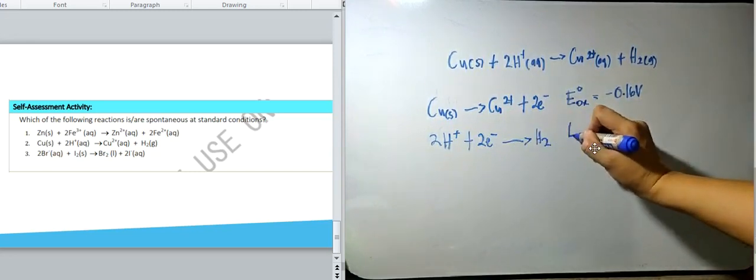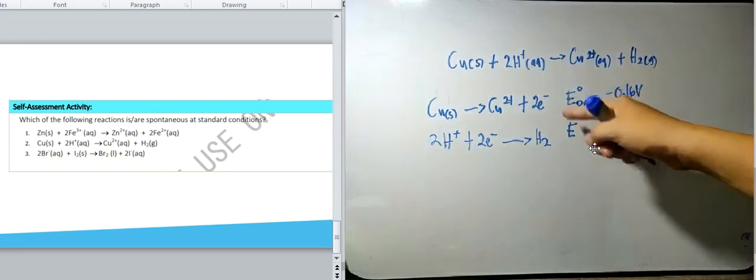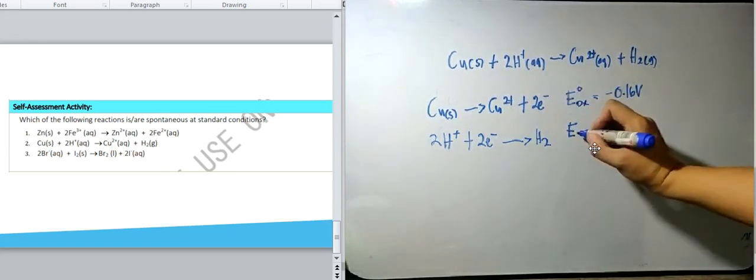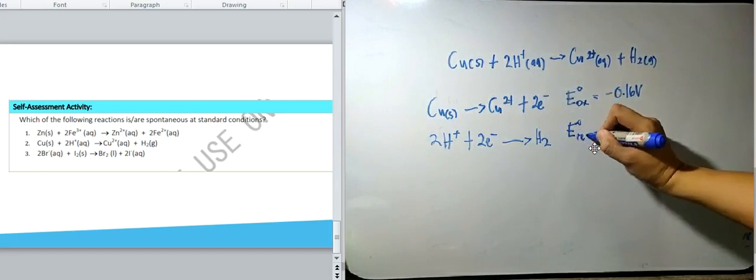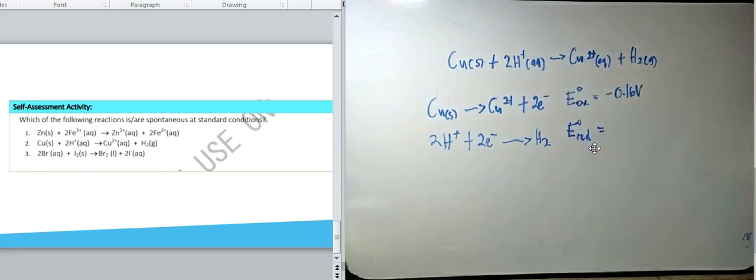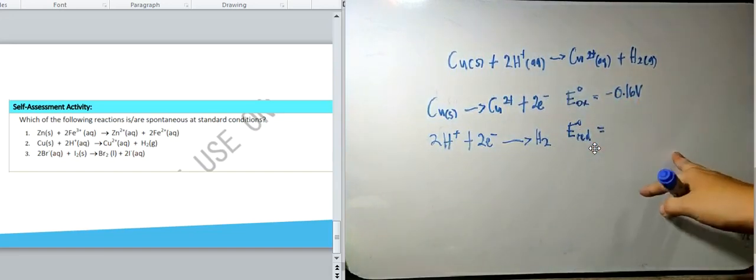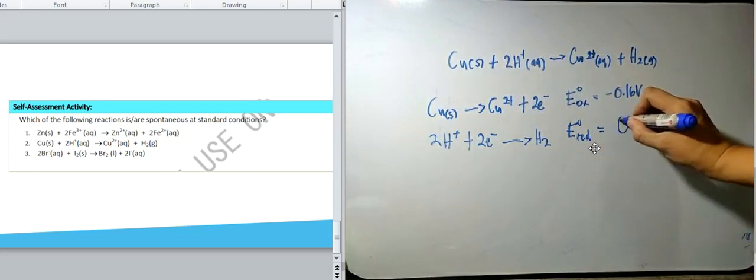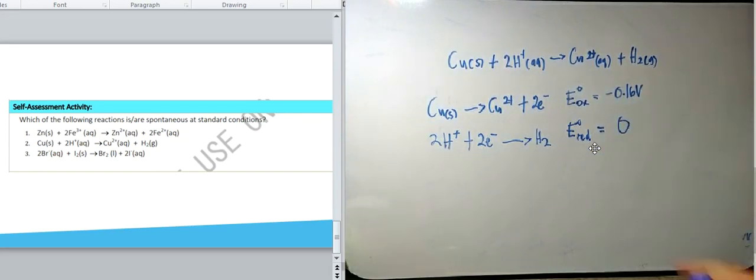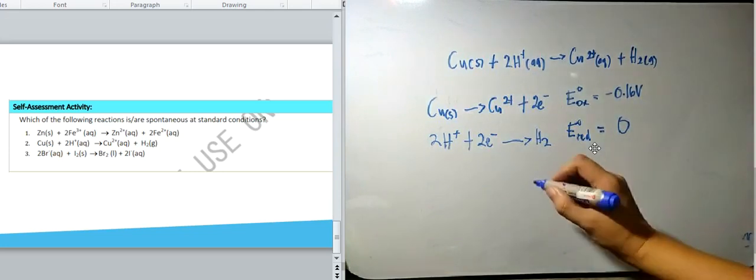So since the other one is oxidation, therefore this one is reduction. So the value of our standard reduction potential is 0 based from the table.